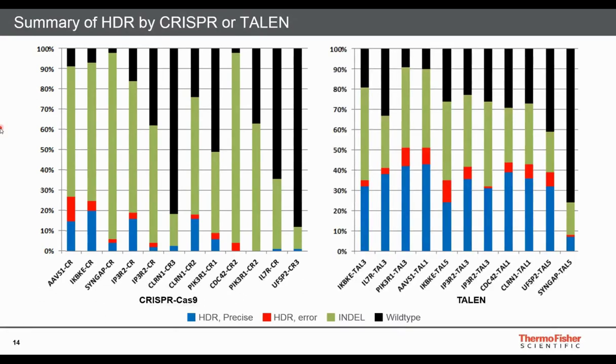But if we look at a similar panel of TALEN-based genome editing, we see that our precise HDR is greater than 20% almost across the board. We have some fraction of HDR with error, and our total indel frequency is significantly less. So overall, our TALENs are able to give us a higher rate of HDR and can be a more effective tool for knock-in editing.